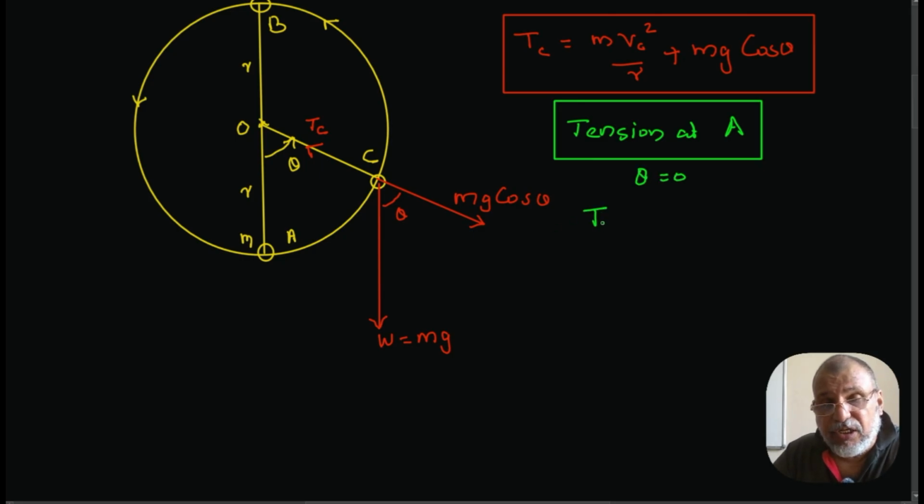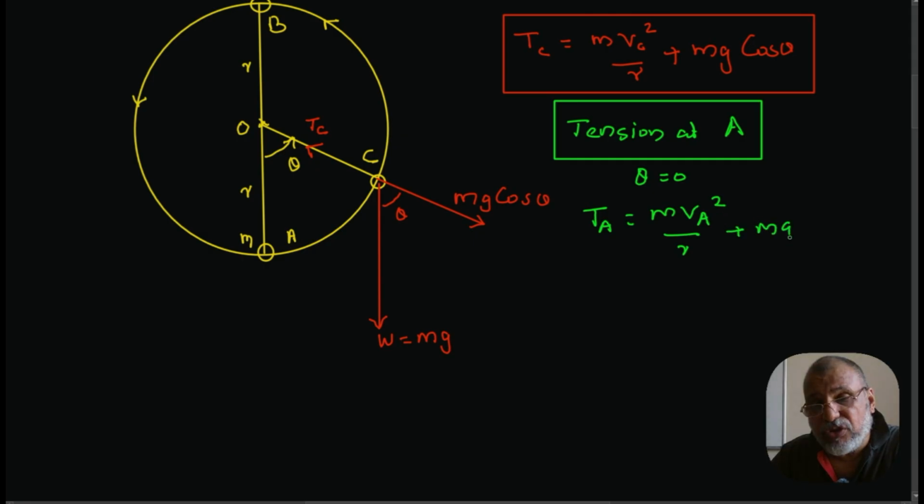So you can write TA is equal to m vA squared over R plus mg cos 0. Cos 0 is equal to 1.